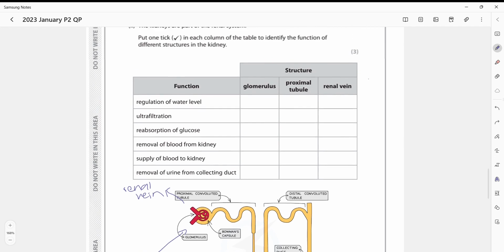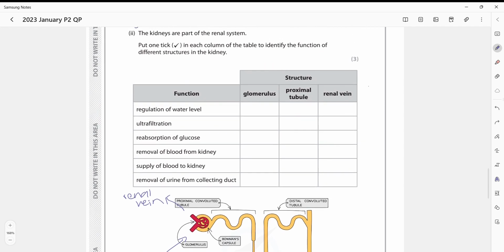So let's go through the different structures here. So first one, it says regulation of water level. That part is more to do with your loop of Henle and your collecting duct.